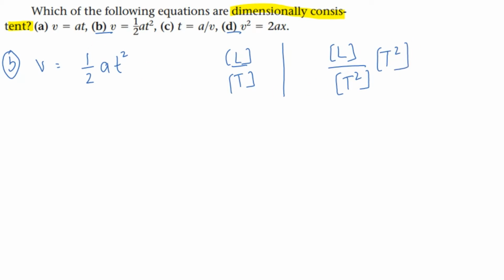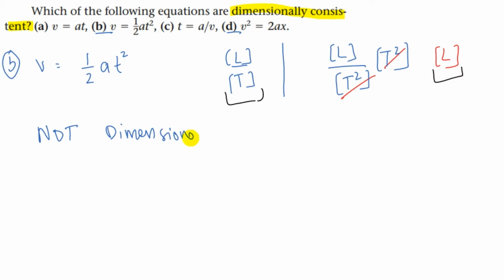Now here we see that these will cancel, and the dimension for the right side we have L. Now if you compare, we can see that the left side of this equation has dimension L over T, and here this is L, which is not equal. Therefore we're going to write that this equation is not dimensionally consistent. So this is the answer for the B part.